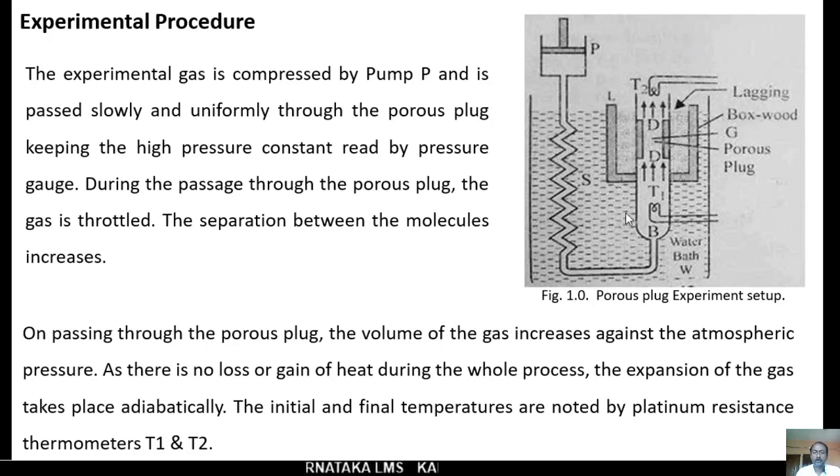As there is no loss or gain of heat during the whole process, the expansion of the gas takes place adiabatically. The initial and final temperature of the gas are noted by platinum resistance thermometers T1 and T2. This is about the experimental procedure.